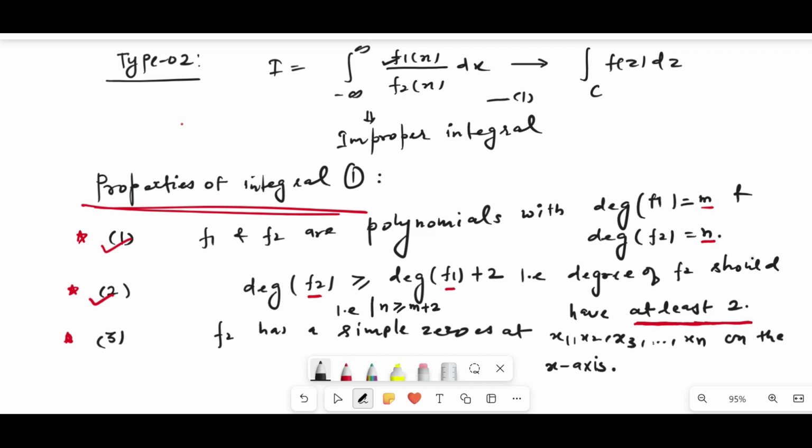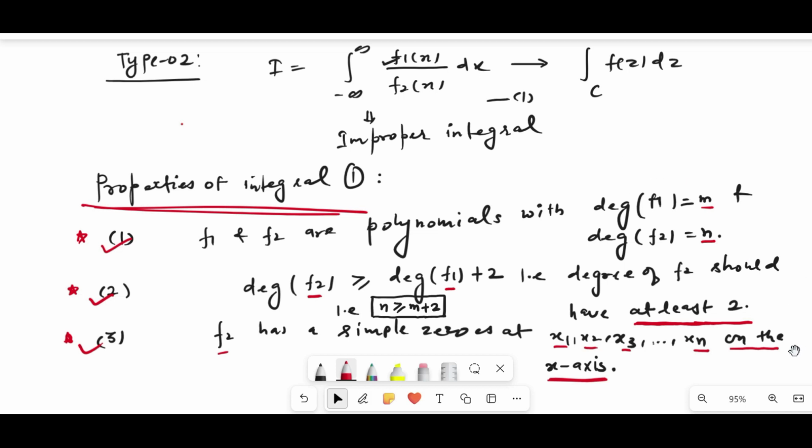That is important. The third property is that f2 has simple zeros at x1, x2, x3 up to xn, because the degree of f2 is n. So the number of zeros will be n, which lie on the real x-axis.